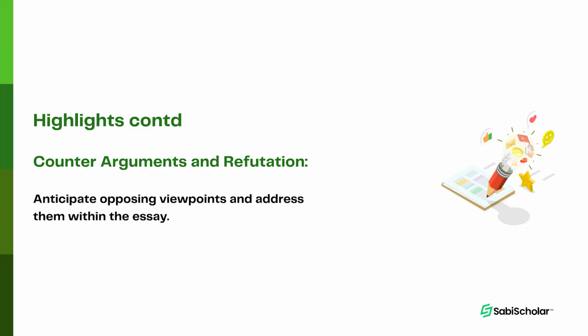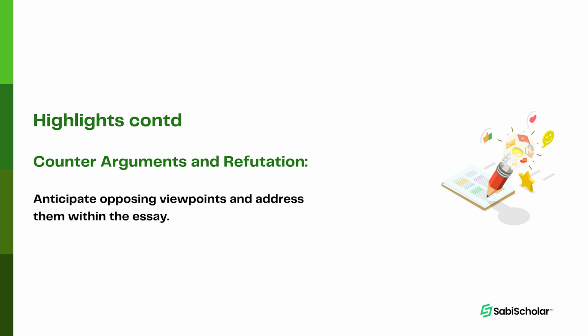So you're going to have to prepare yourself for counter arguments and refutation, not necessarily coming from your opponent, but from within your own argumentative essay. What does this mean? It means that even in your essay, you should be able to anticipate opposing viewpoints and address them within your essay. Acknowledge these counter-arguments fairly and refute them with evidence and logical reasoning to demonstrate the superiority of your own argument.